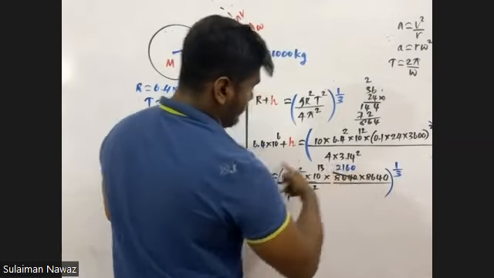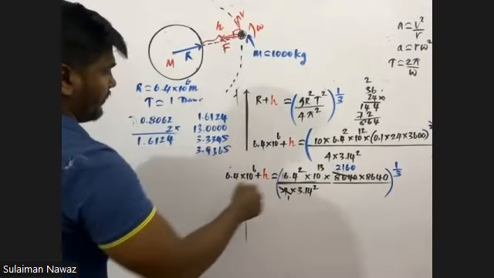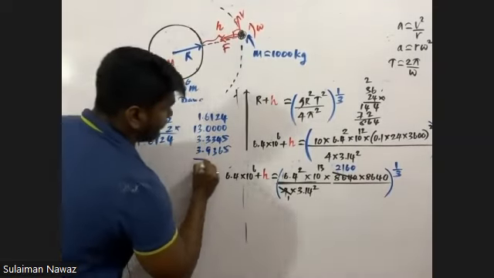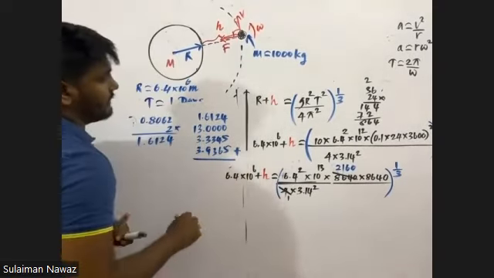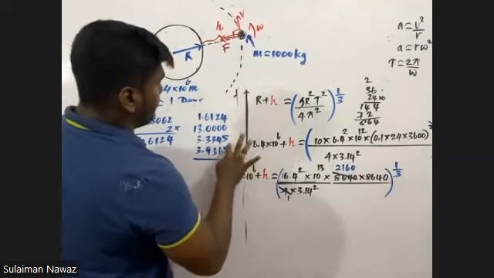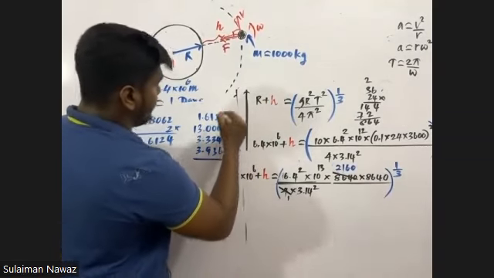Then 3.14. I want to add these 4. If I add these 4, I'm getting 21.8834.